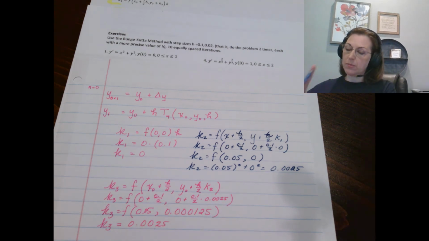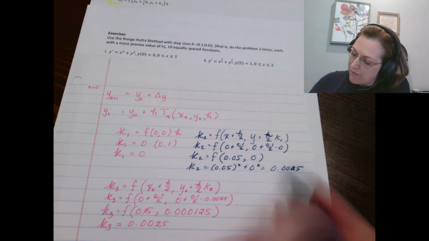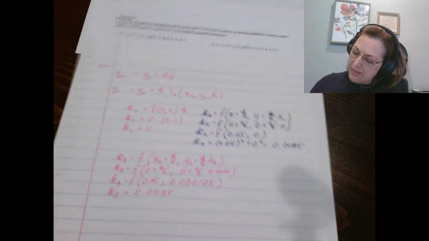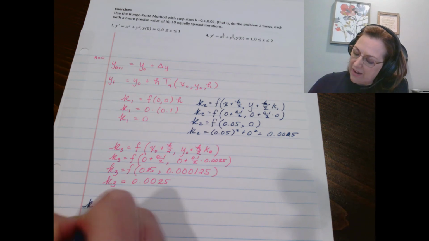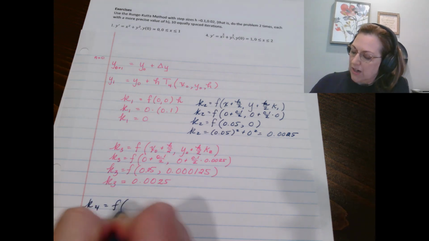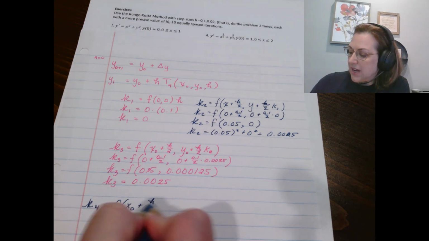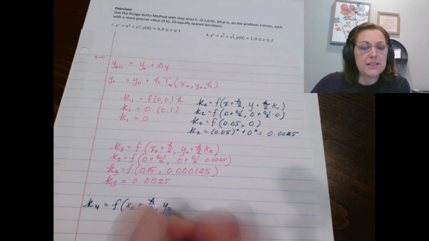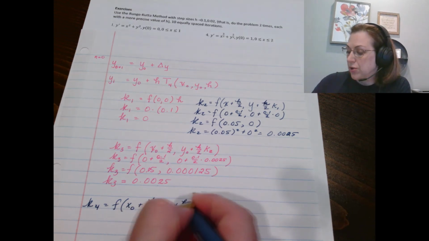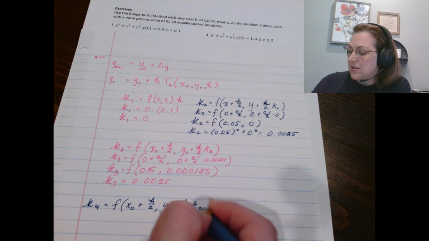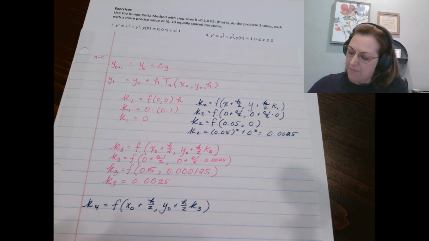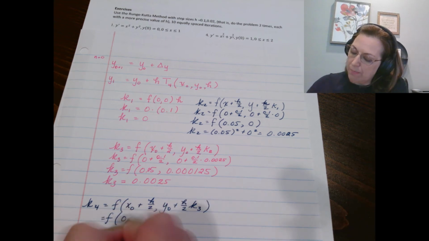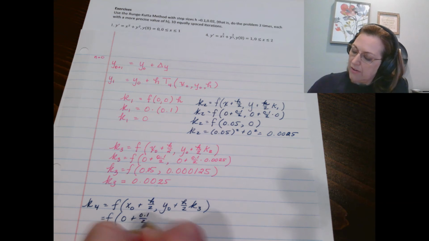Okay, now we need one more, and that is our K4 value. We're going to get that K4 is our derivative at x sub 0 plus h, y sub 0 plus h times k sub 3. And you can see the repetitive nature here.